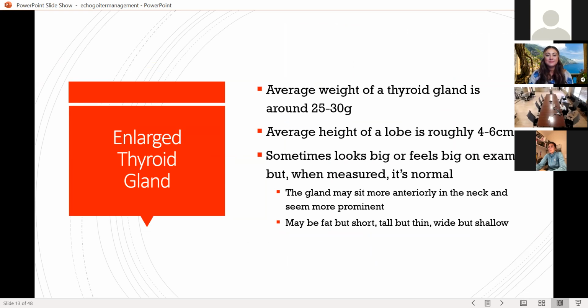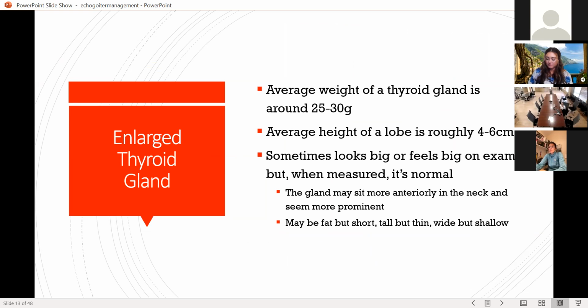So an average thyroid gland weighs about 25 to 30 grams, not that we're weighing our patient's thyroid glands. And when you get a thyroid ultrasound report and you're looking at the overall dimensions of the gland, which are reported on every ultrasound report, each lobe can be up to 6 centimeters and still technically be normal.